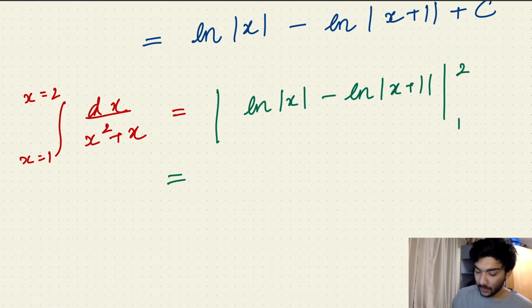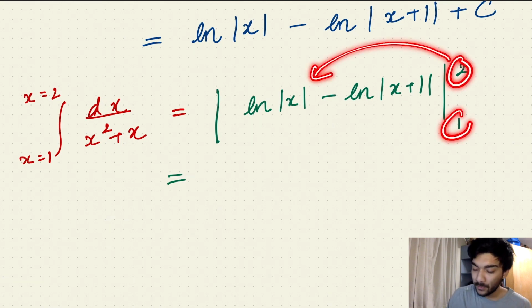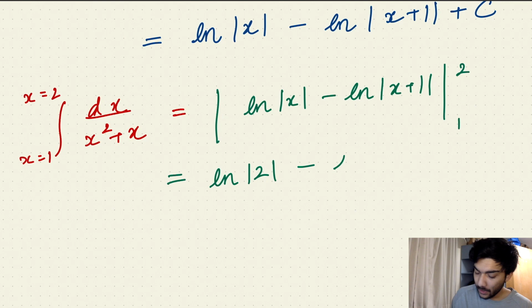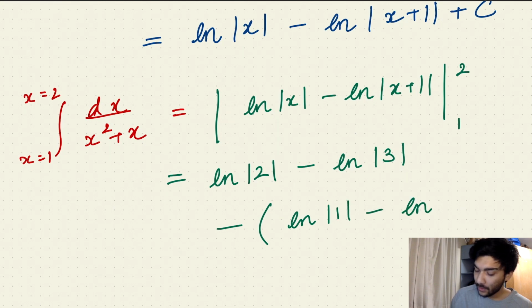So in order to calculate that, let's substitute the upper endpoint into the expression and then the lower endpoint into this expression again. So it would be ln 2 minus ln 3 minus ln 1 minus ln 2 in this case, right?